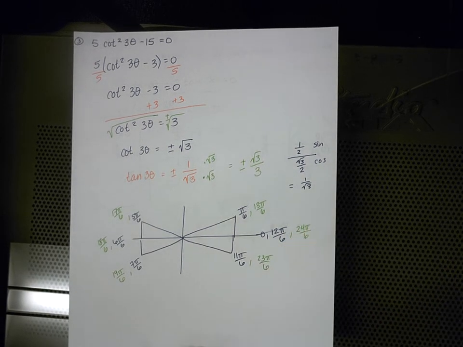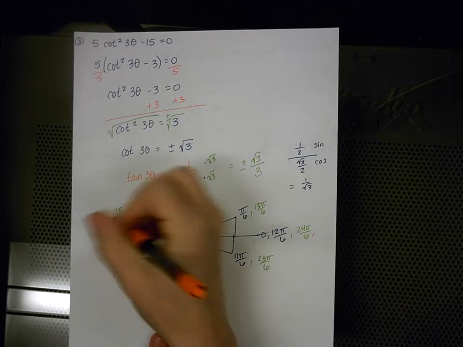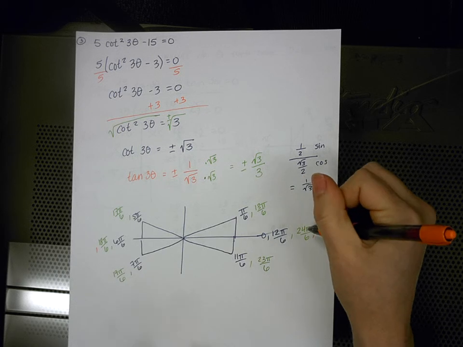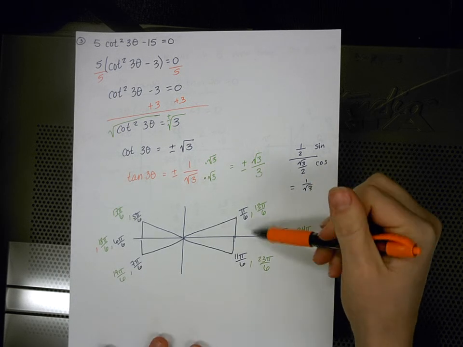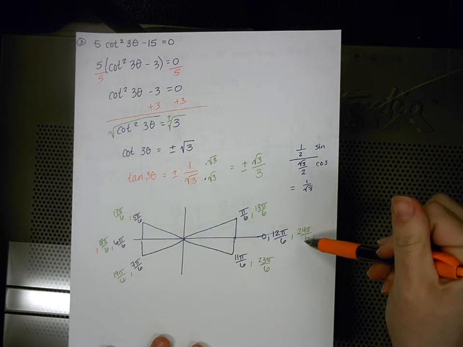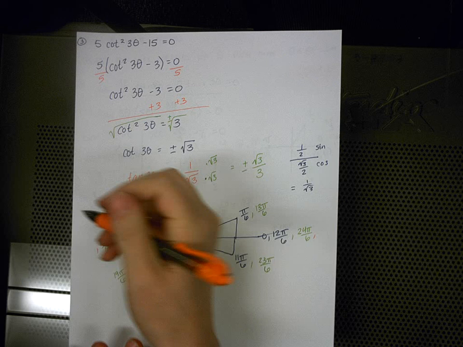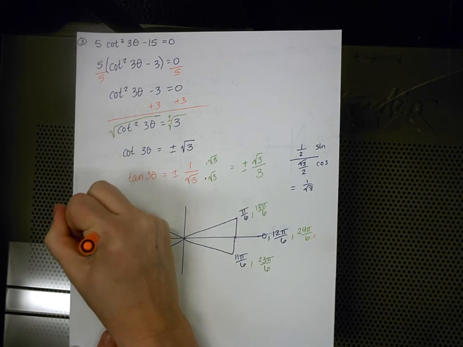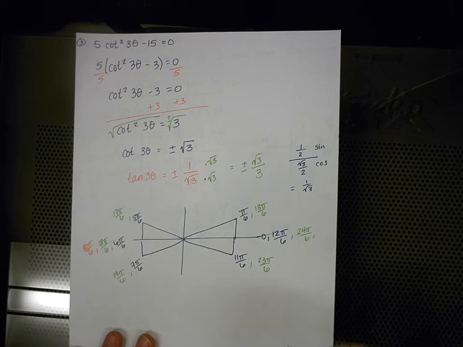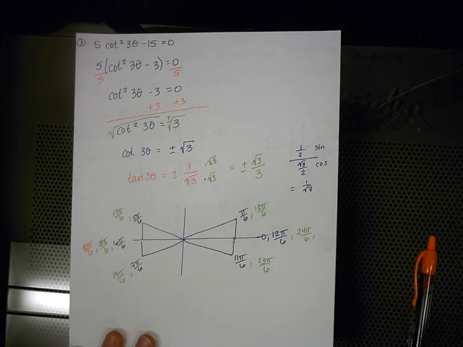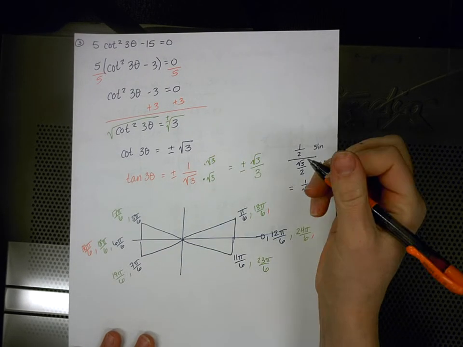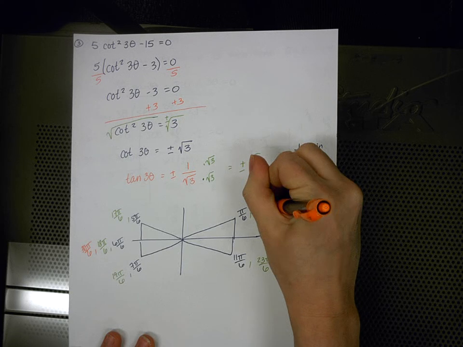All right, one more turn. So we have 0, 6, 12, 18, 24, hopefully you said 30. So that would give me 24 plus 1 would be 25 pi over 6.